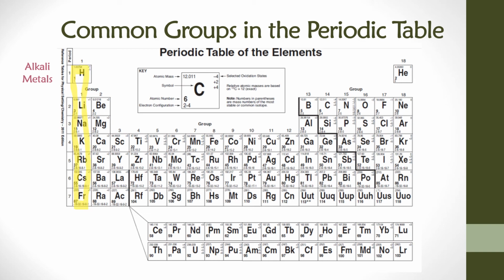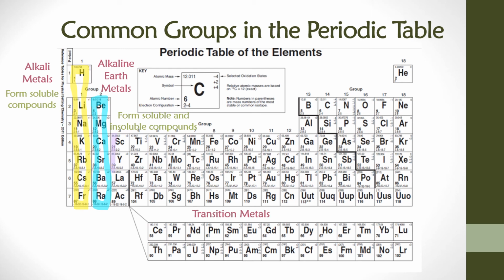All of the elements in this group form soluble compounds, which means they make compounds that can be dissolved in water. Then we have the alkaline earth metals, which are in group 2, and they form both soluble and insoluble compounds. Both of them are very strong metals, so they make very strong cations or positive ions because they tend to lose electrons.